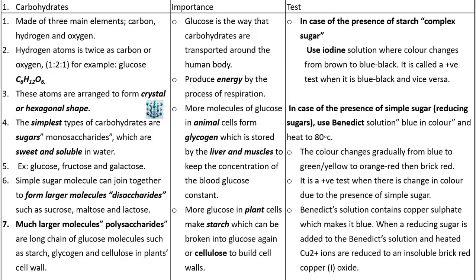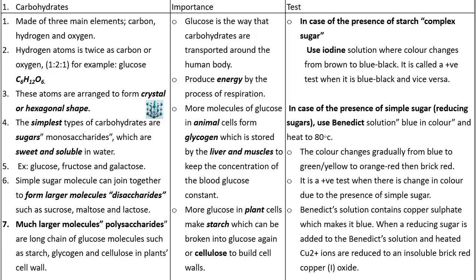When it's heated after being added to simple sugars, it's going to change gradually from its original color, which is blue, to green, yellow, and then to orange red, and then finally to brick red. So the test is positive, which means that you have a reducing sugar, when the color changes. What if no change happens? This means that you don't have any reducing sugar in this food.